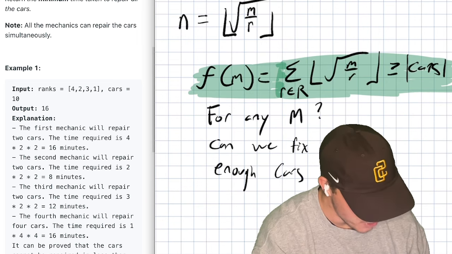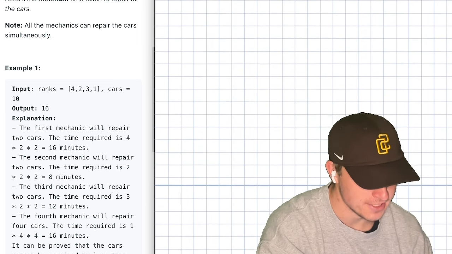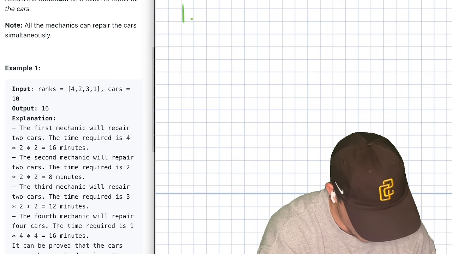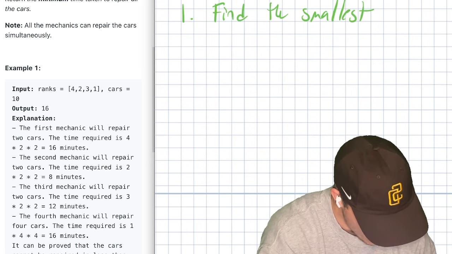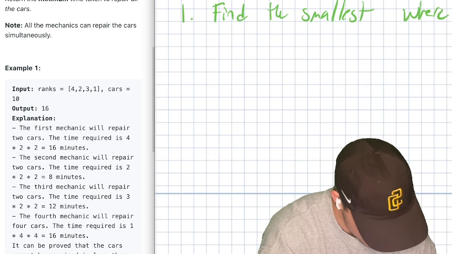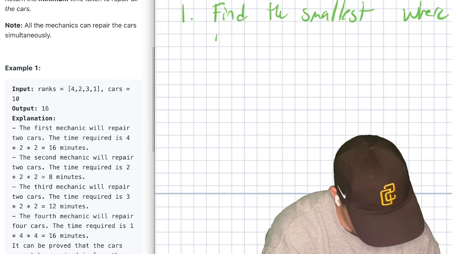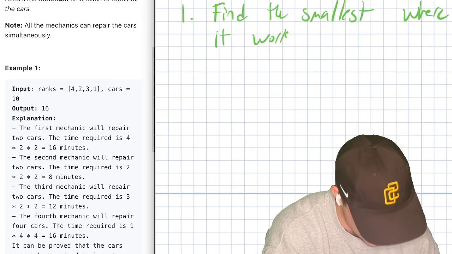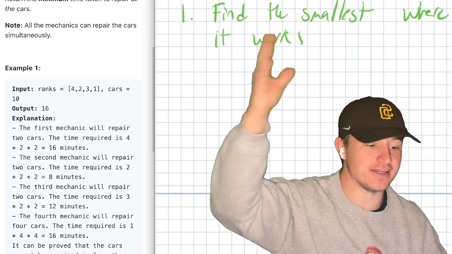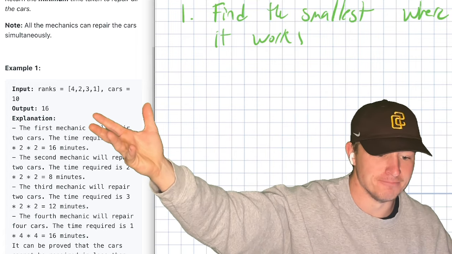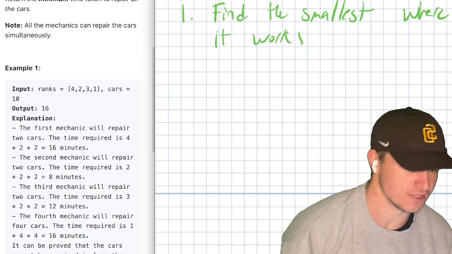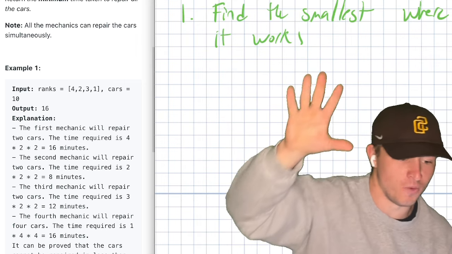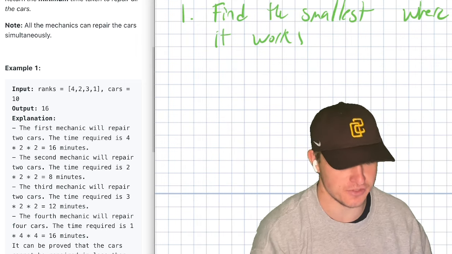Whenever you have a question where it's like, find the smallest where it works, here what you're trying to do is find the least number of minutes where you can fix all the cars. So find the smallest where it works. That's the first kind of situation that you see in this problem.